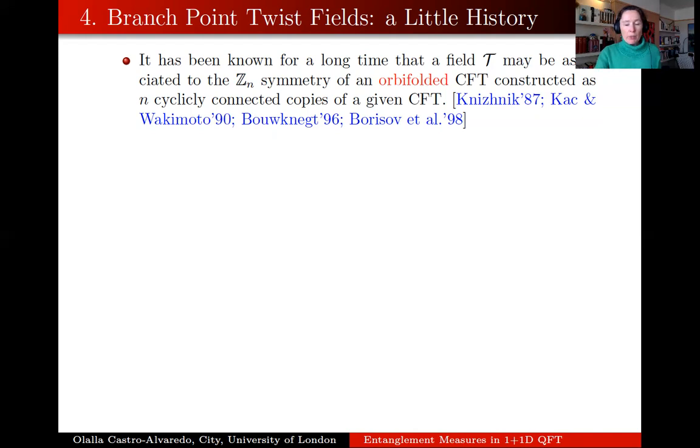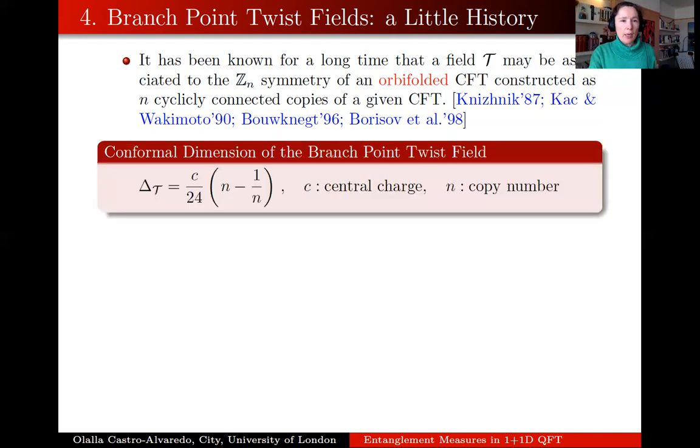In those papers, some of which I cite in there, people studied these fields, identified the presence of these symmetry fields, and computed their conformal dimension, for instance. They found that their dimension was this value here. It depends on the central charge, and it depends on the copy number, n. This was found very early on, much, much before anybody thought about these fields being useful in the context of entanglement.